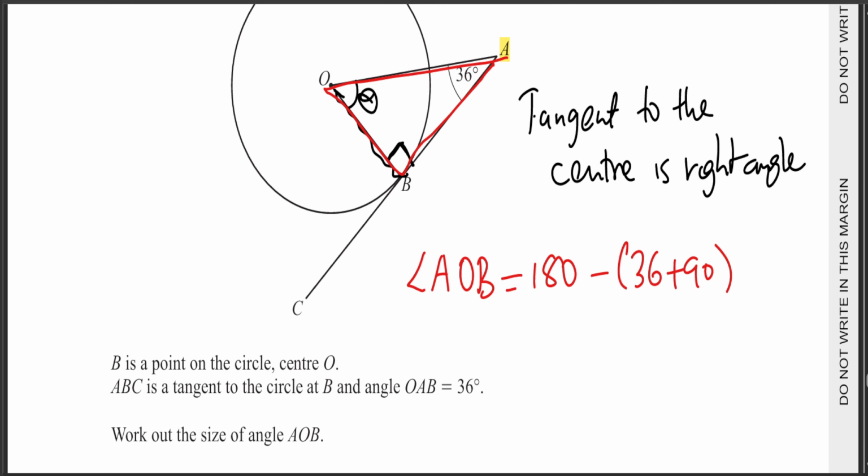So I'm adding this and this. 36 plus 90 gives you 126. 180 minus 126 is 54 degrees.